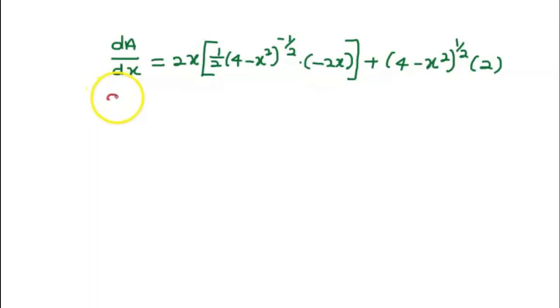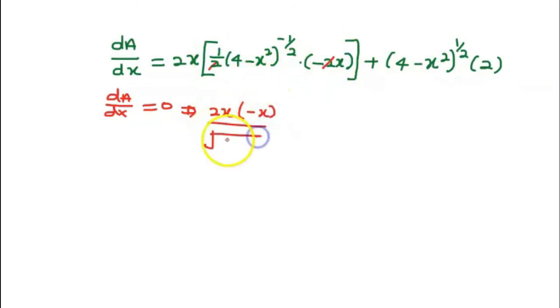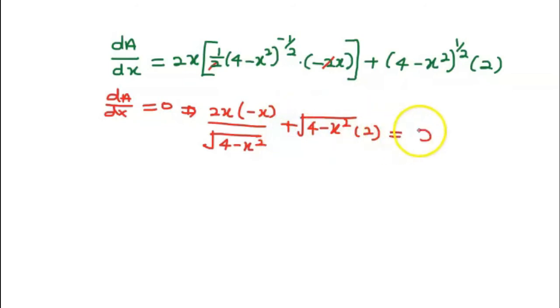Next, we set dA over dx equal to 0, in which 2x multiplied by, cancelling the 2 and 2, gives us negative x over the square root of 4 minus x squared, plus the square root of 4 minus x squared, times 2 equals 0.